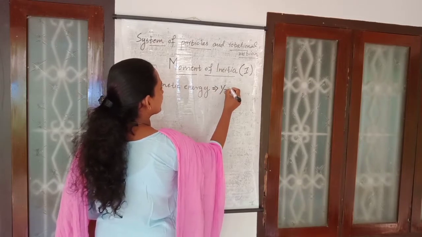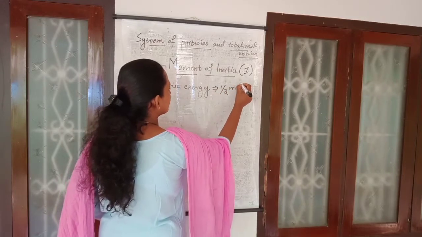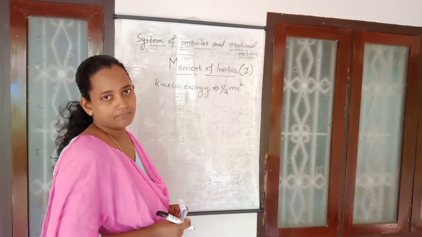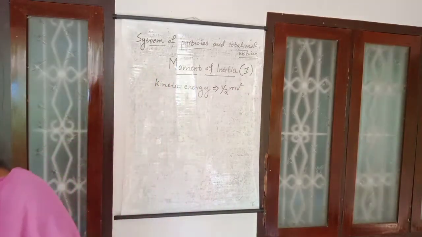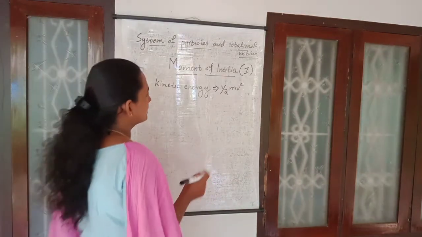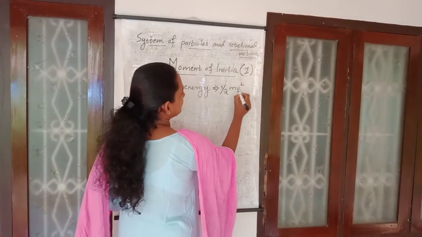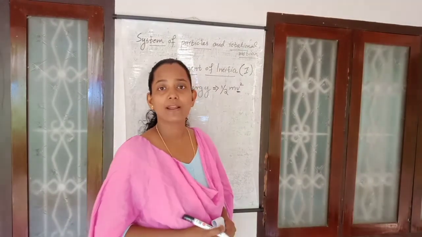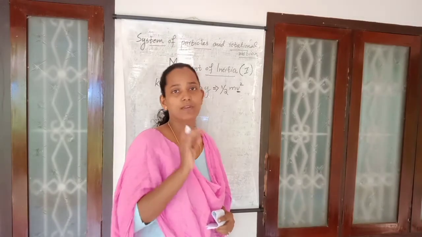We know the expression for kinetic energy is half mv square, am I right? Where v is the linear velocity.